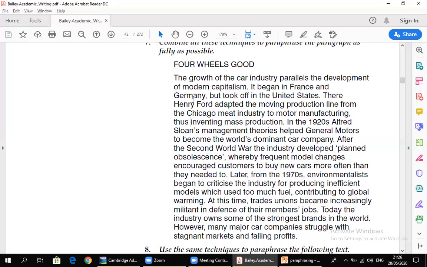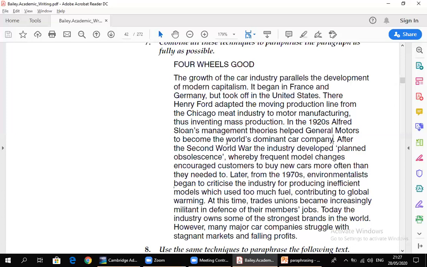In the 1920s, Alfred Sloan's management theories helped General Motors to become the world's dominant car company. Okay, we can do some change here. The first thing we can do is change the word order.